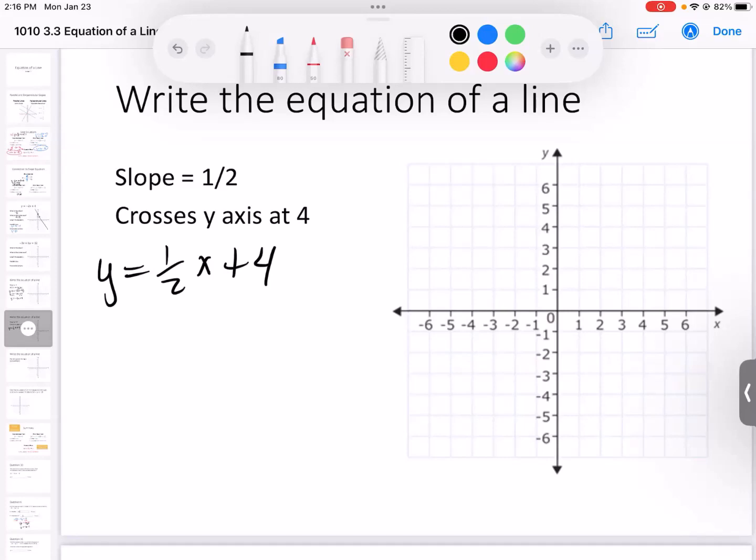On any test, will we be asked to do it in a certain form, or is it whatever? Usually, on the tests that I write, not your homework, but the actual tests, I'll usually ask you to put it into slope-intercept form.